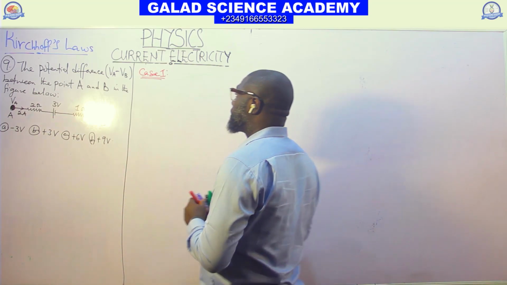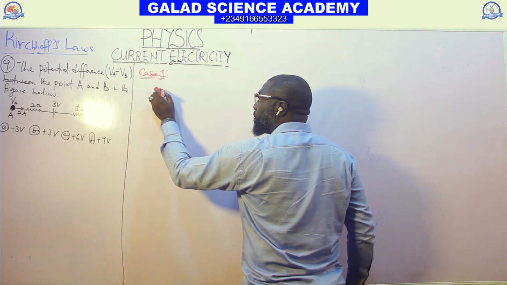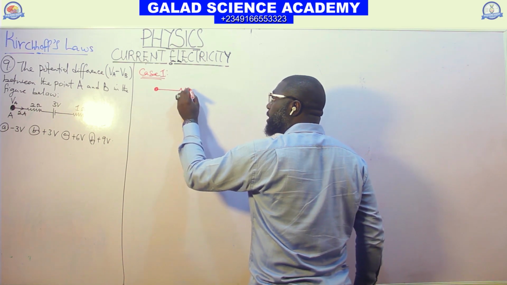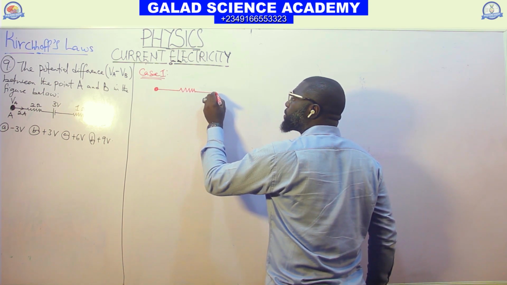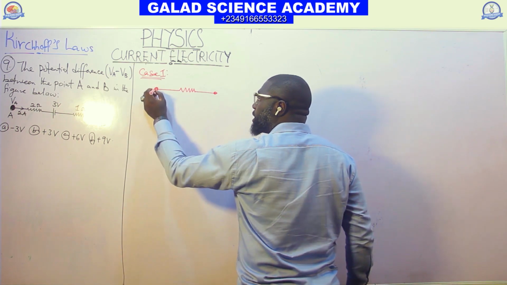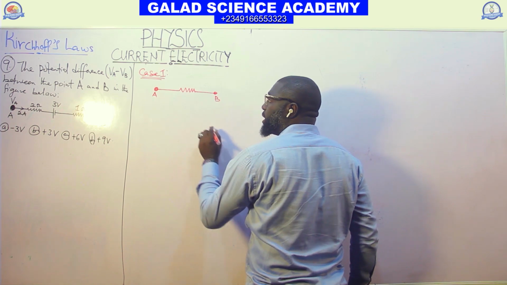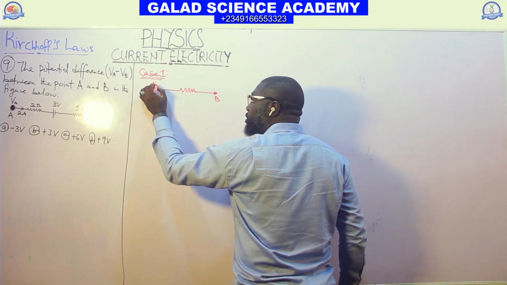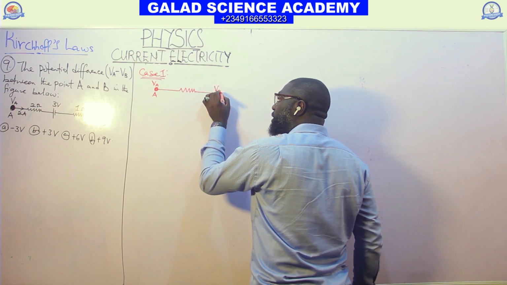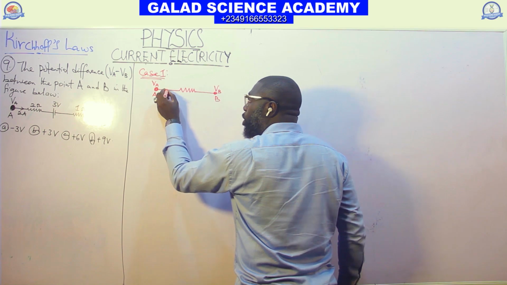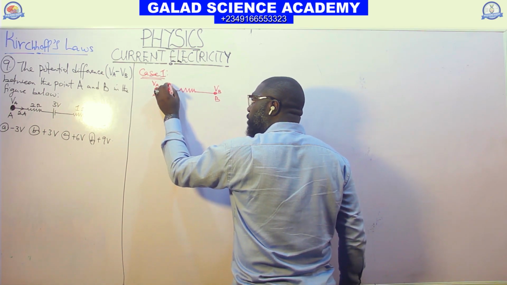For this case 1, whenever you are given this kind of diagram like this, and this point is point A, this is point B. Here we have potential difference of A. Here we have potential difference of B. And the current in this circuit is flowing along this direction.